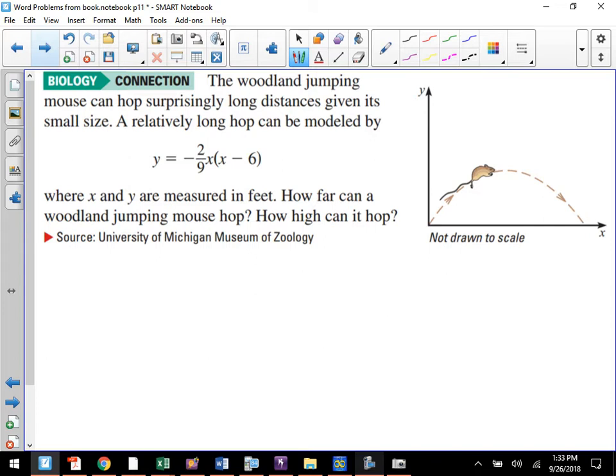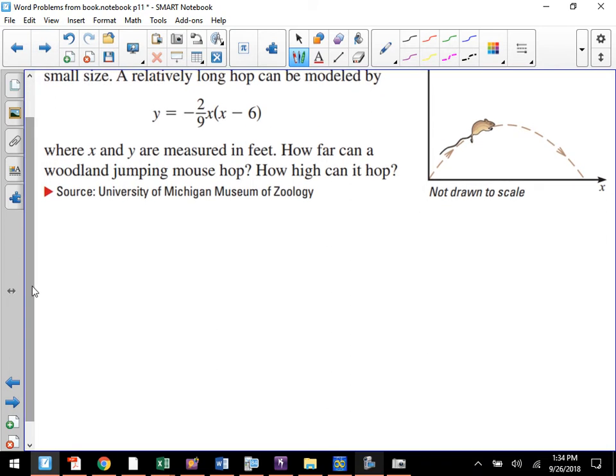Nope. Vertex. It's very close to being in vertex form. Watch what happens. If you distribute it in, you get negative 2/9 x squared plus 12/9, which is 4/3 x. What's your C value here?